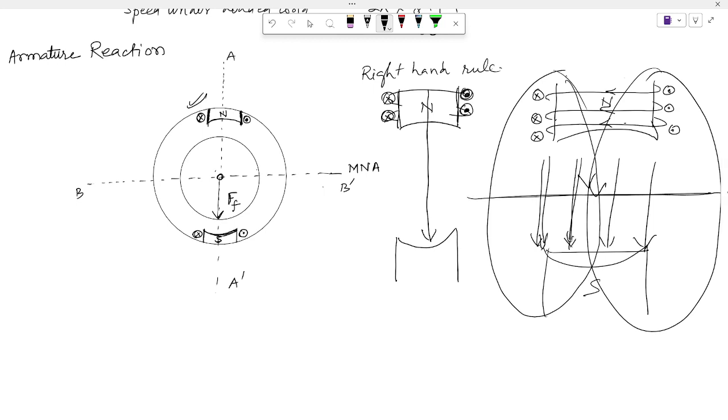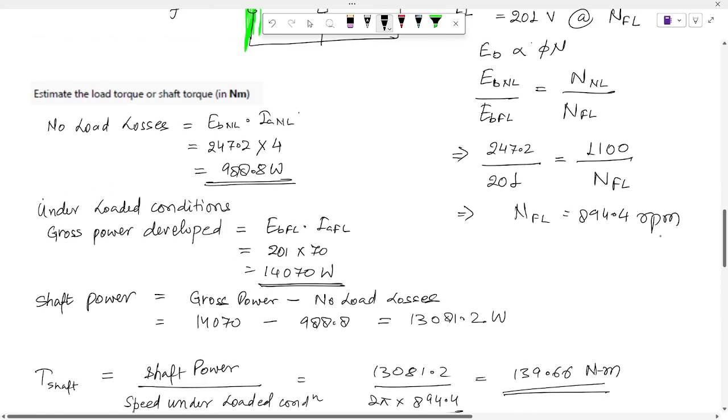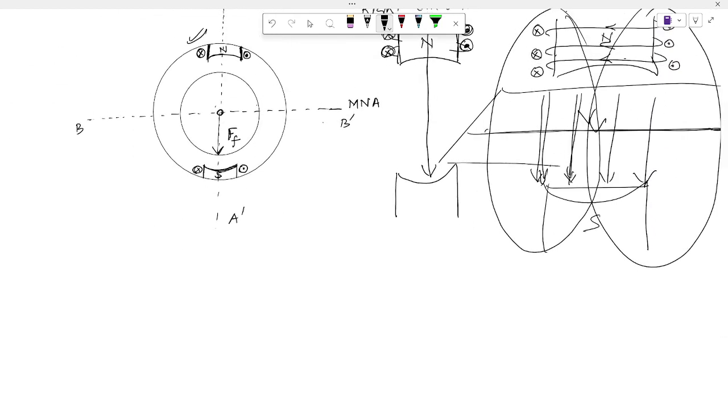So if I draw a plane perpendicular to this, like Ampere's circuital law, and try to see the number of field lines going into the paper and coming out of the paper, the number of field lines which go in here will come out here, and net into the paper and net out of the paper along this perpendicular surface will be 0.